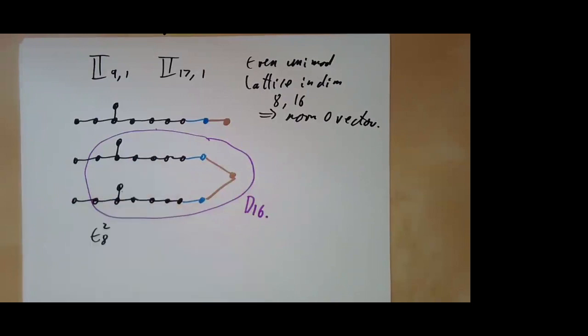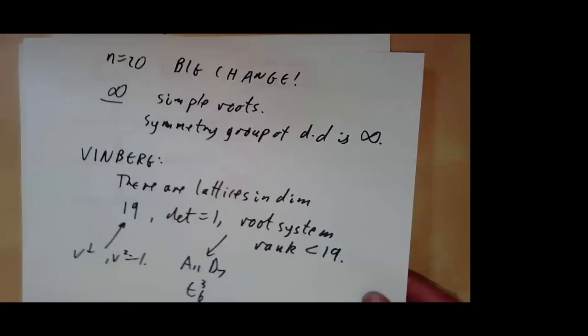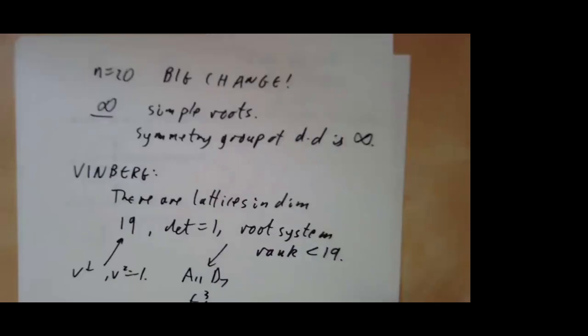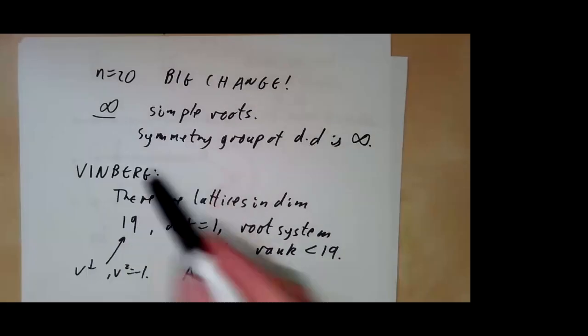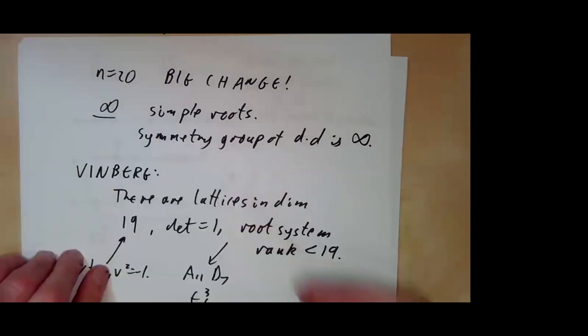And you can ask, can you use this to classify unimodular lattices in other dimensions? And the answer is you can't really. The problem is that the Dynkin diagram produced by Vinberg's algorithm is just too complicated. I mean, in n equals 20, the Dynkin diagram is already infinite. So it takes an infinite amount of time to write it down and pick out all its affine subdiagrams.